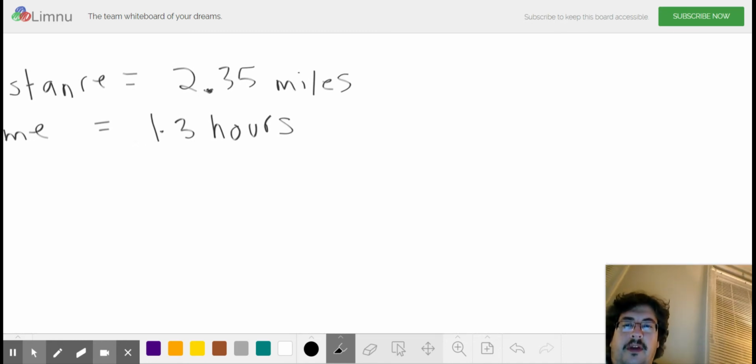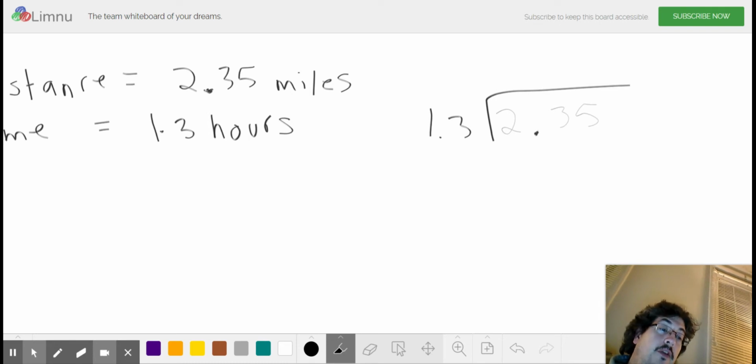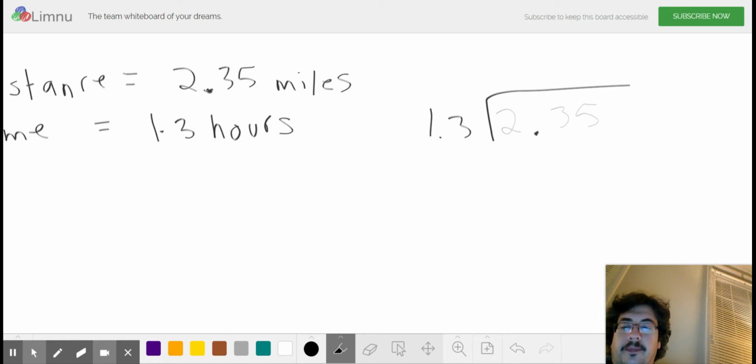So I'm going to put the distance. Let's make that decimal just a little easier to see. There we go. Let's divide the distance, 2 and 35 hundredths, by the amount of time it took to travel that distance, which is 1 and 3/10 hours.